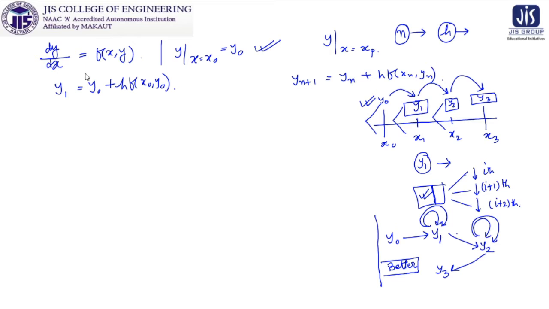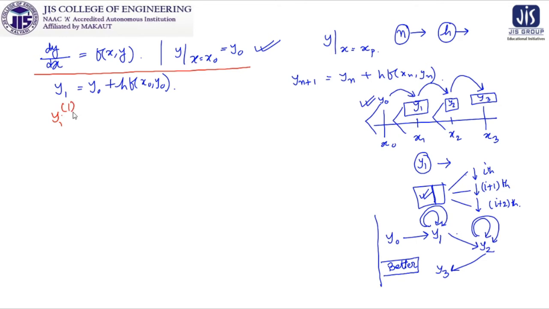The problem is the same, this is my problem. We have to calculate y1 by this, but before going to y2, let us check what we are doing extra, the modification in Euler's method. We will find y1 superscript 1.